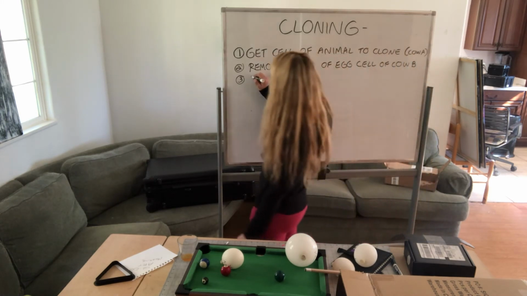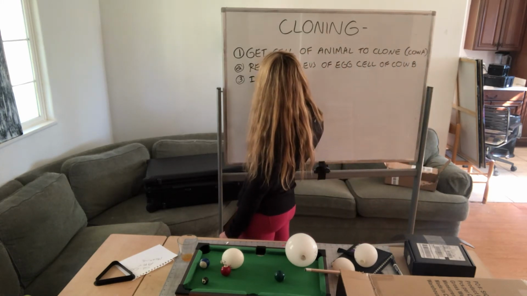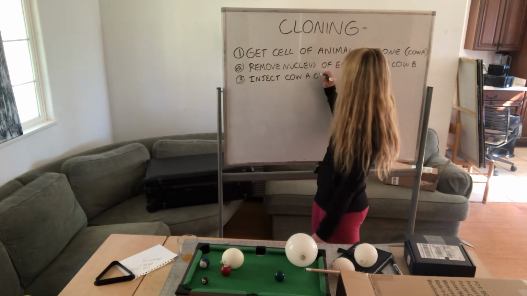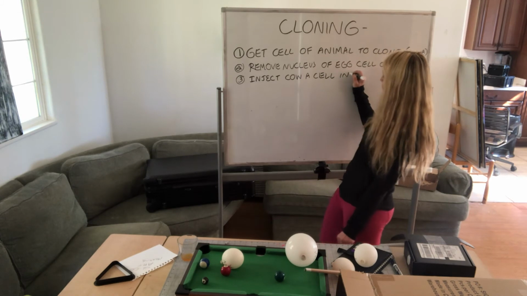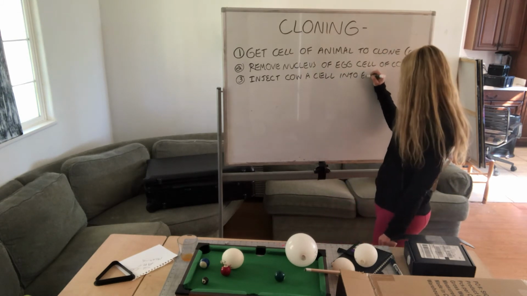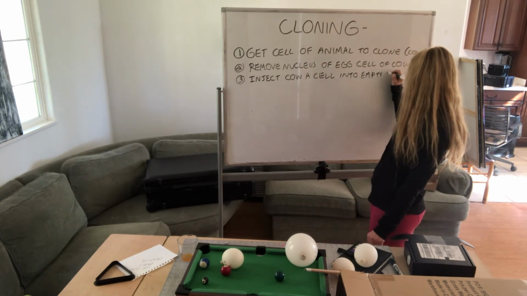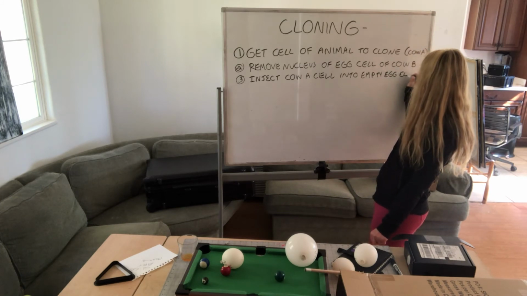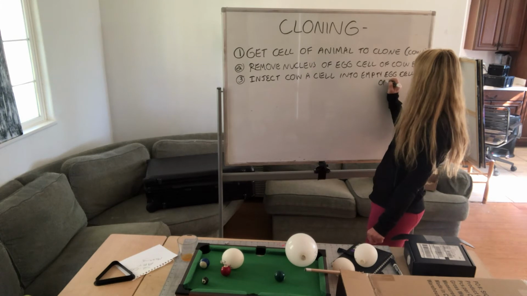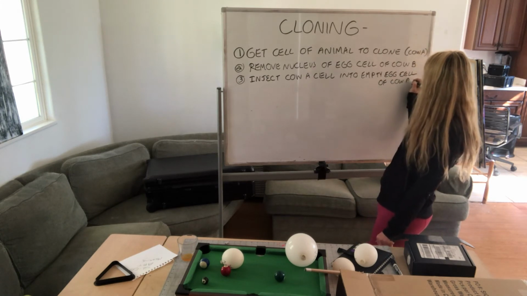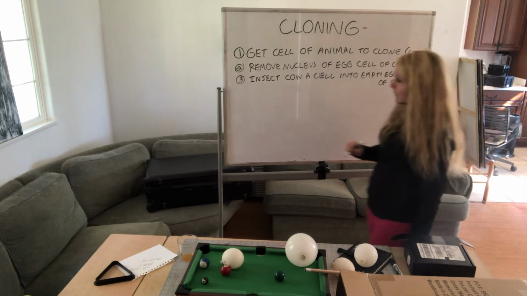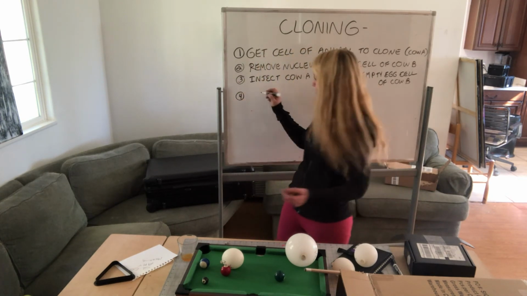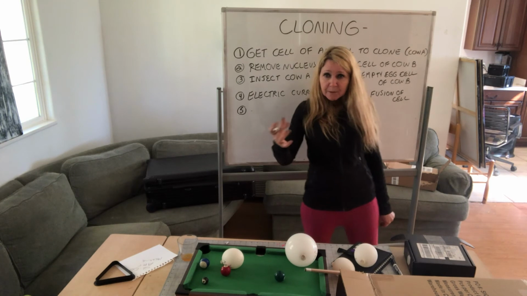So then we're going to inject cow A's cell into the empty egg cell of cow B. And then I'm going to apply an electric shock, some electric current, and that cell is going to keep dividing.